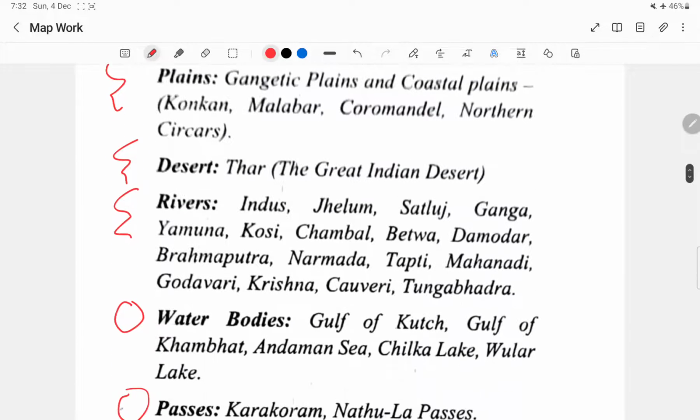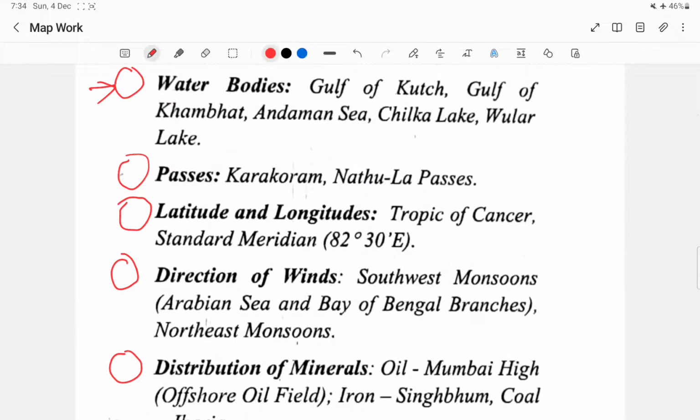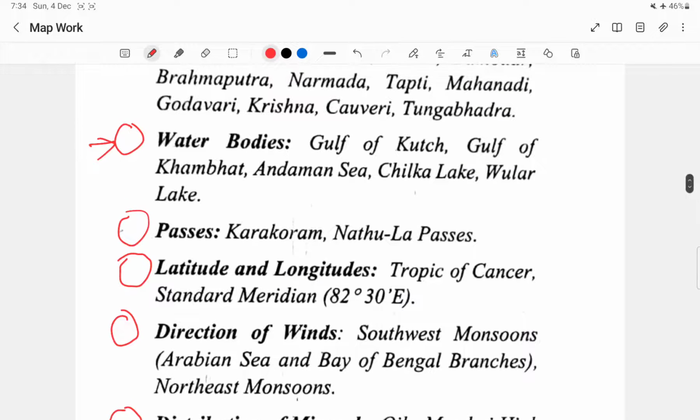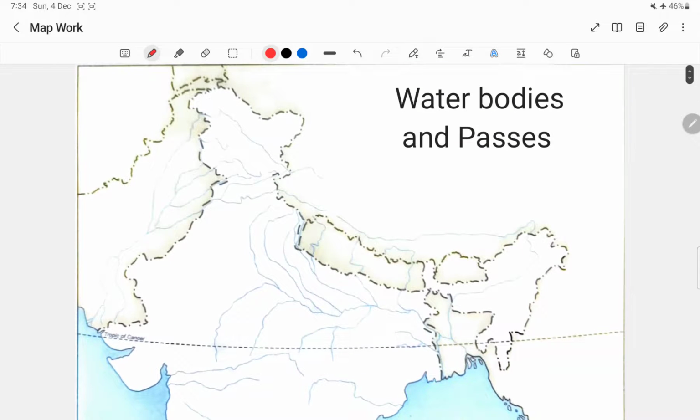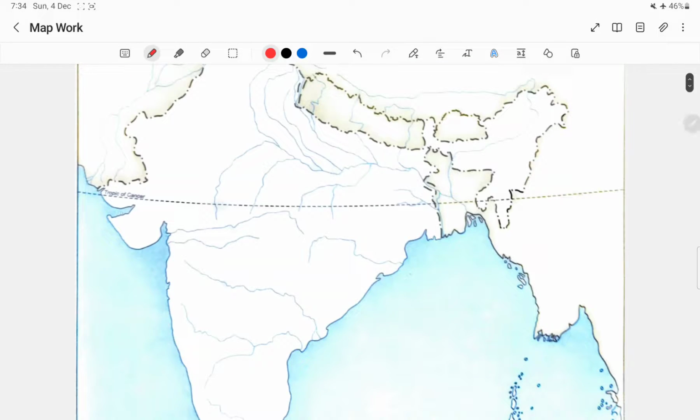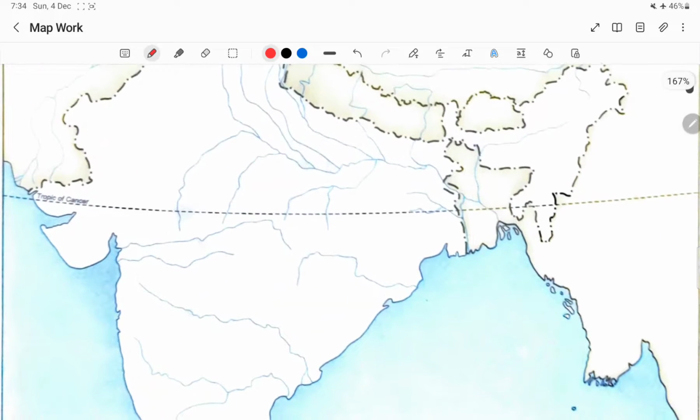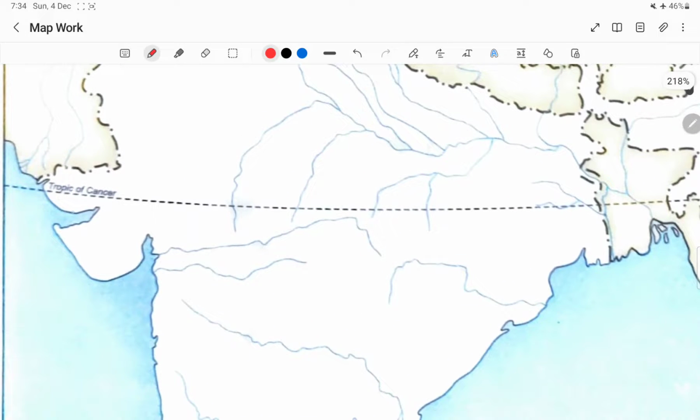So in this video we will be starting with the water bodies. In water bodies, our first topic will be Gulf of Kutch. Just below the Tropic of Cancer on the Gujarat side, you can see this will be the Gulf of Kutch.